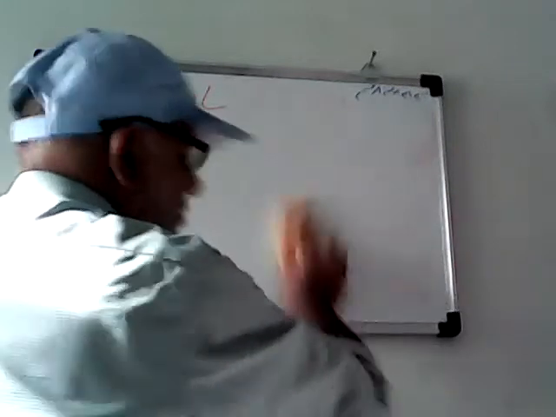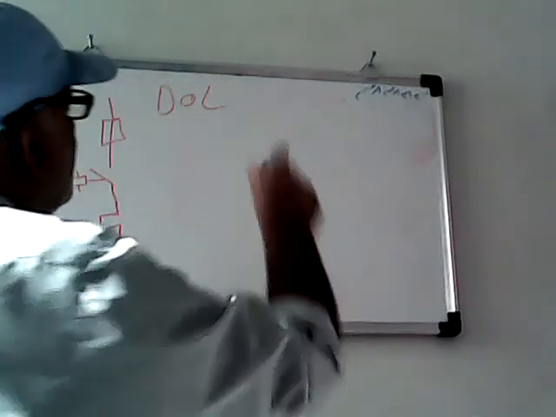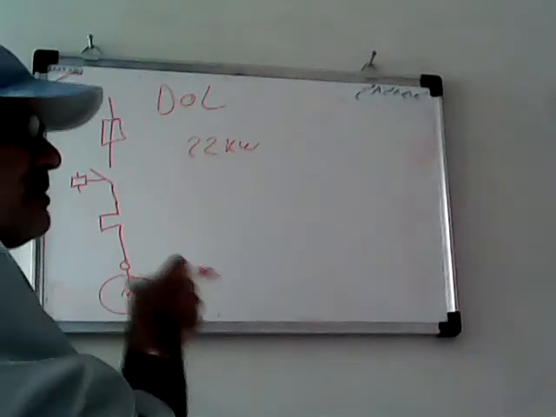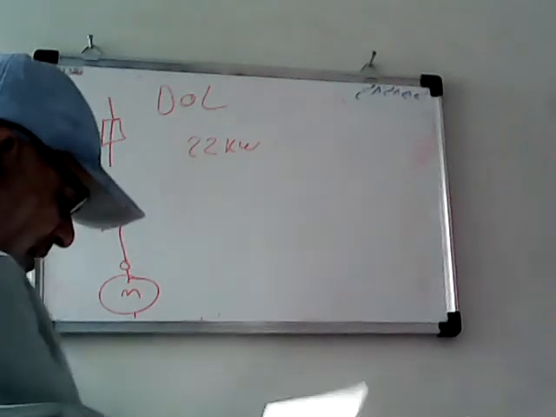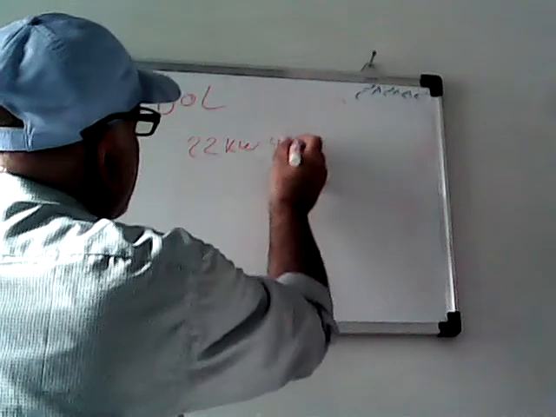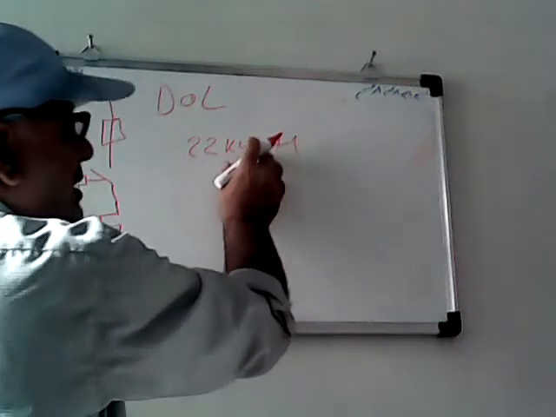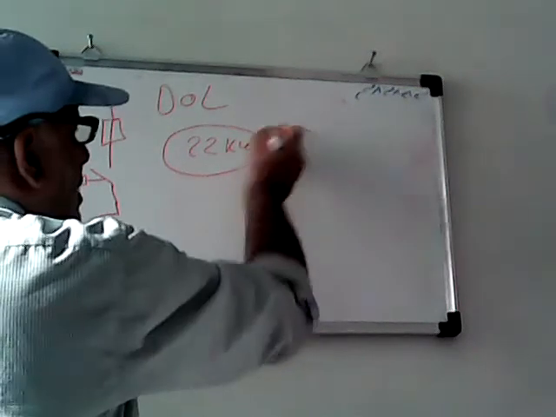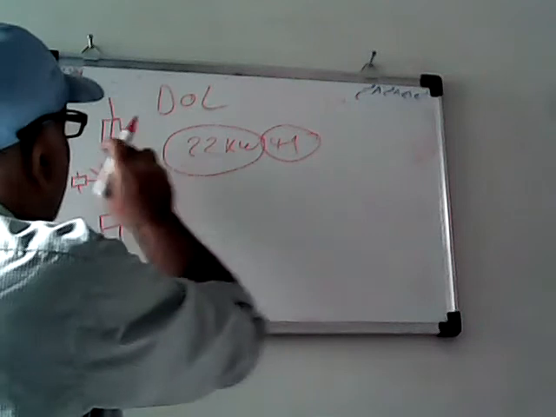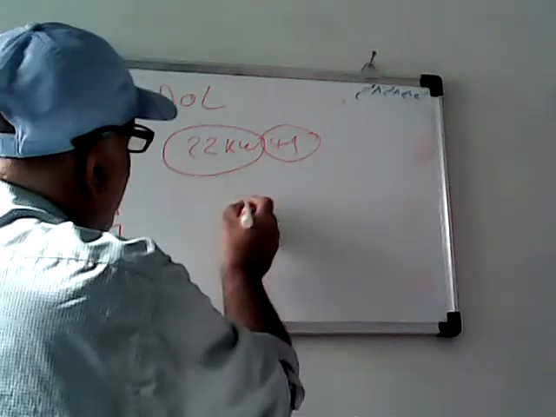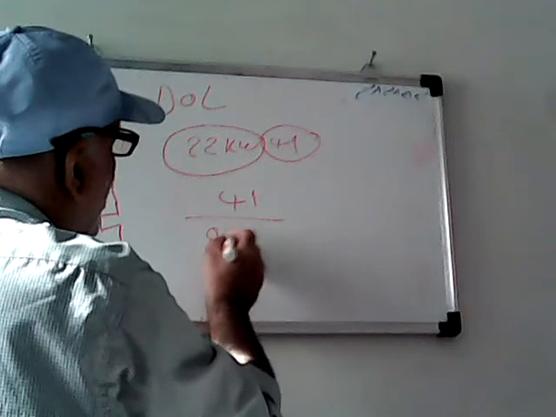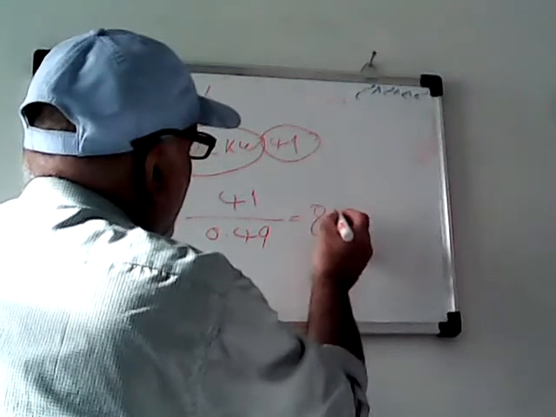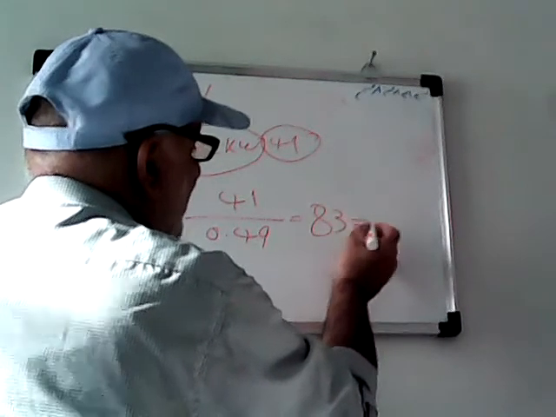you have an electromotor of 22 kilowatts. In the nameplate of this electromotor, you have 41 amperes. This is the nominal amperes for this electromotor. Okay, what is its fuse rating? 41 divided by 0.49 comes to 83, we don't have fuse 83.